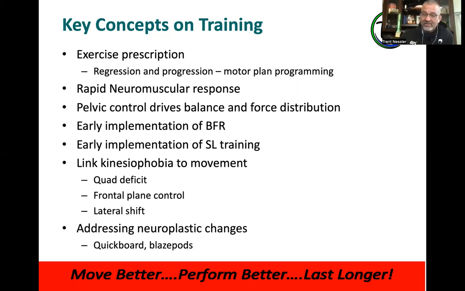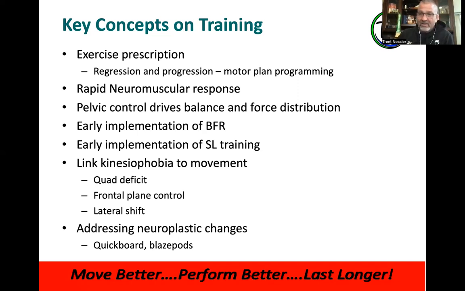It is absolutely essential to push hydration as well as nutrition. We could talk for a whole other hour just about that piece of it. I won't go into that, but if you ever want any more information on what my nutritional recommendations are when doing BFR, feel free to reach out.